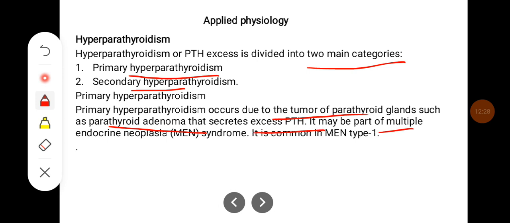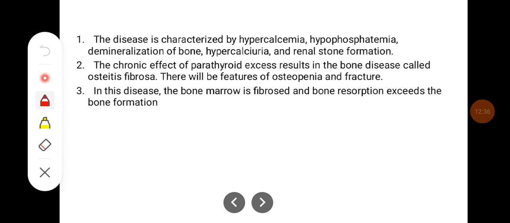It may be part of multiple endocrine neoplasia, that is MEN syndrome. It is common in MEN type 1. The disease is characterized by hypercalcemia, hypophosphatemia, demineralization of the bone, hypercalciuria, and renal stone formation.